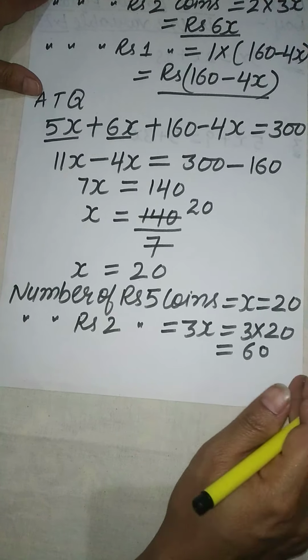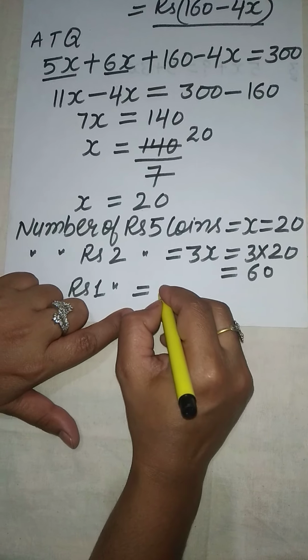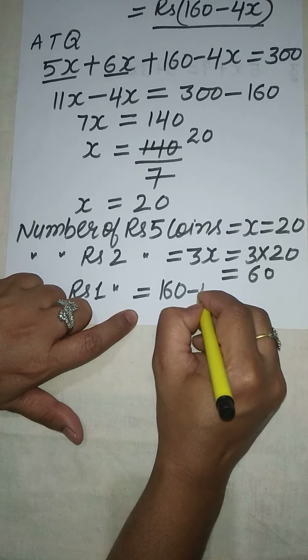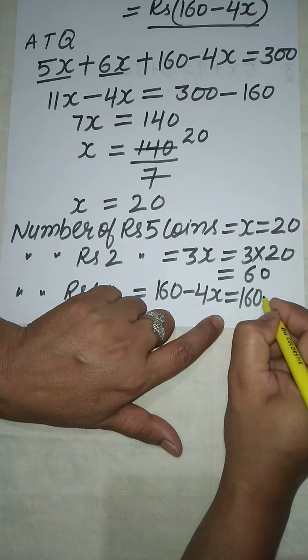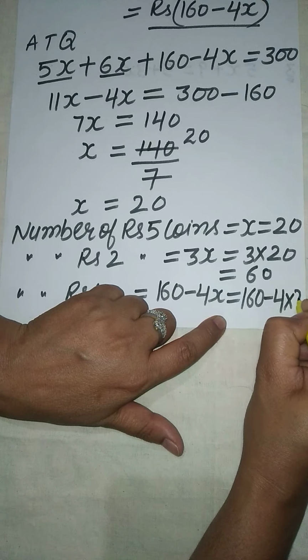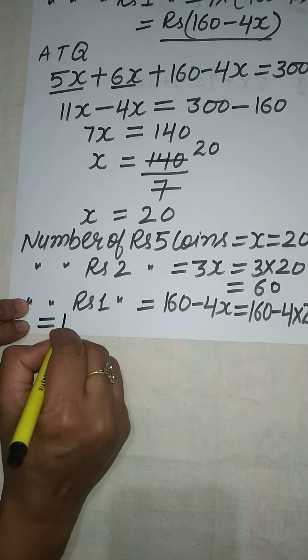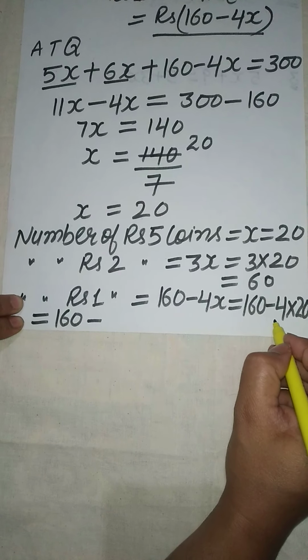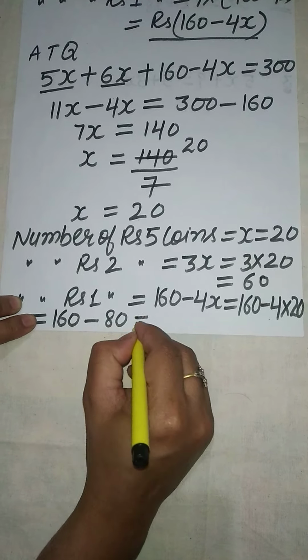Then the number of rupees 1 coins is equal to 160 minus 4x, that is 160 minus 4 multiplied by 20, that is 160 minus 80, which is equal to 80.